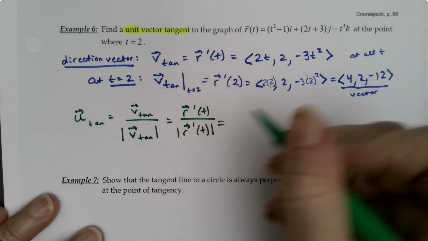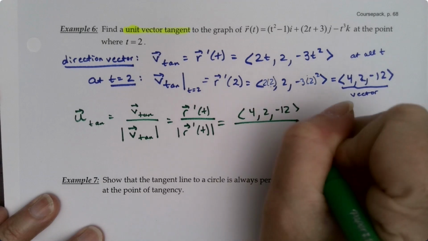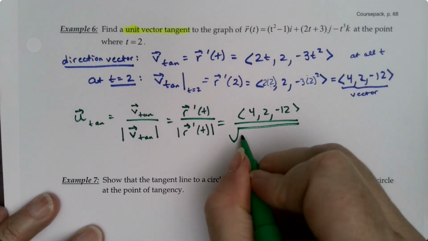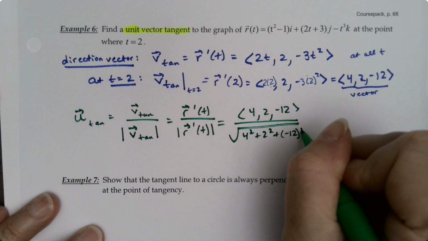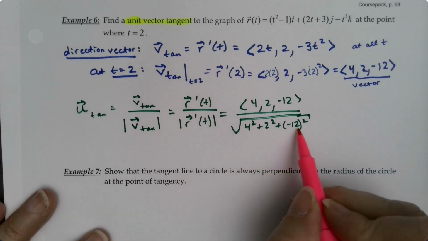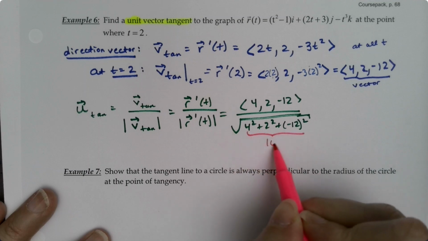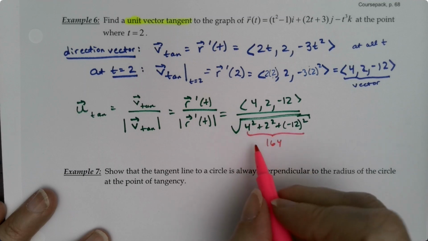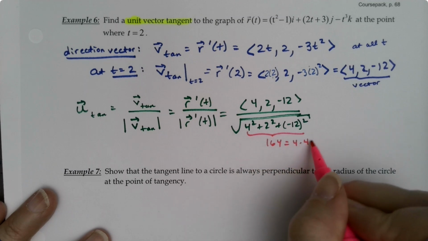So we're going to take 4, 2, negative 12, and divide it by the square root of 4 squared plus 2 squared plus technically negative 12 squared, but it won't matter because once we square it, it turns positive. What number is this? This is 144 plus 16 plus 4, so that's 164, and 164 is 4 times 41.